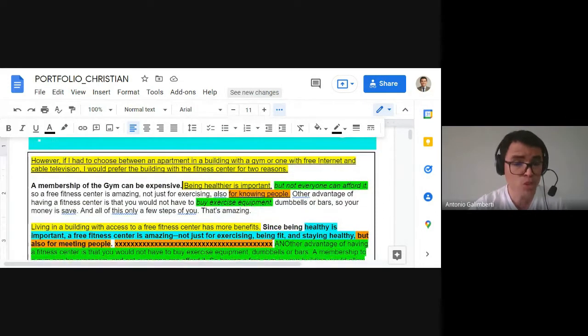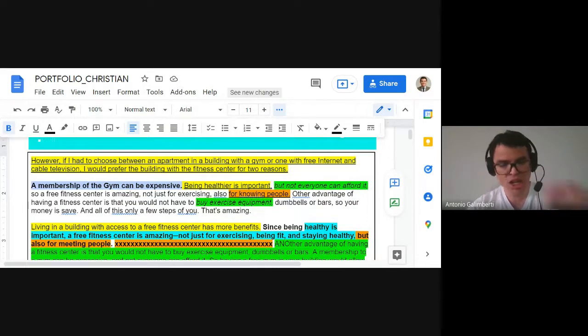Make sure that your topic sentences address what you are mentioning in the thesis. Remember, the thesis statement is anticipating information that the reader will encounter later. So, when I first read this thesis, it was clear to me that the author of this essay was in favor of gyms. But that's not what I felt when I got to read this opening sentence.